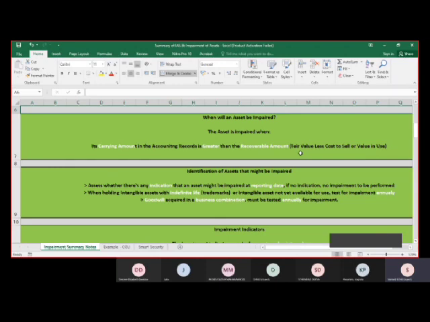Also, you need to be able to identify assets that might be impaired in terms of IAS 36, and assess whether there is an indication that an asset might be impaired at reporting date. If there is no indication, no impairment test is to be performed.